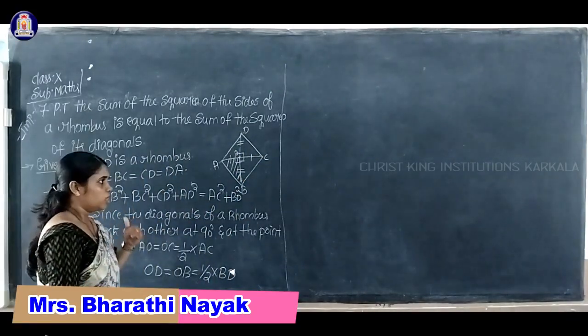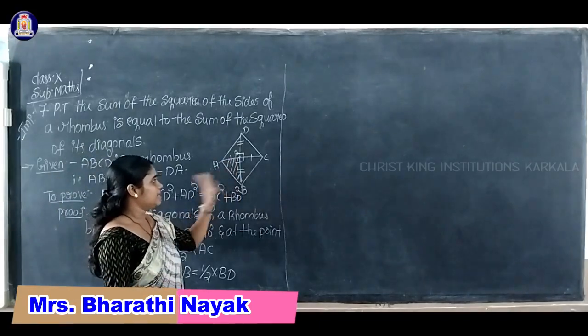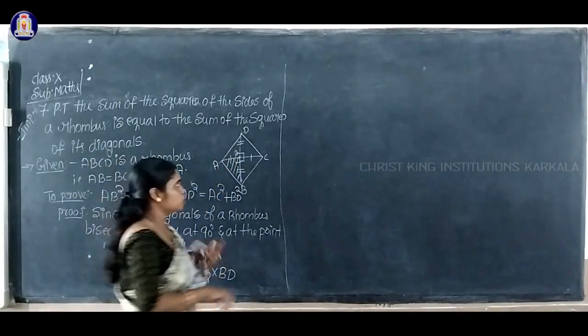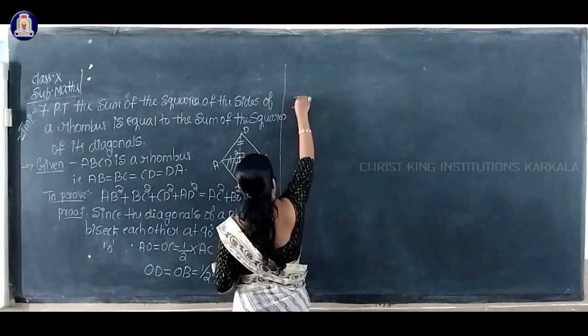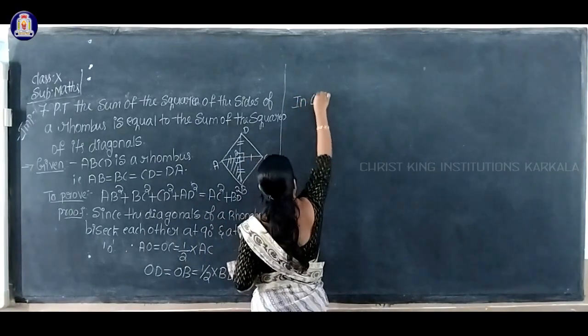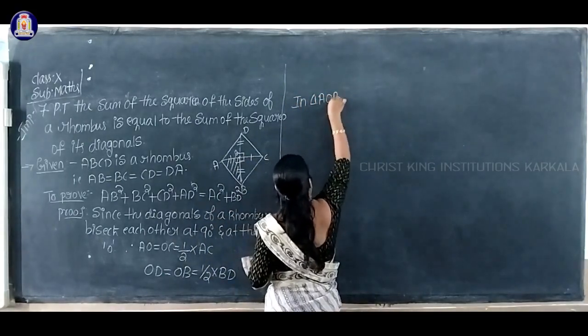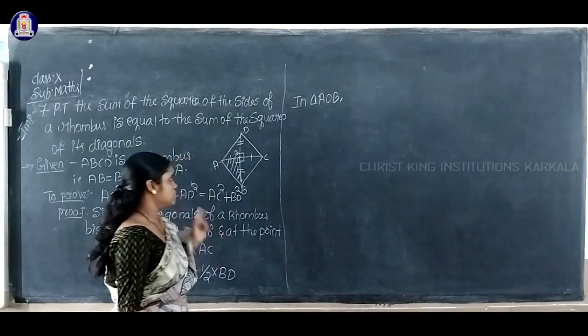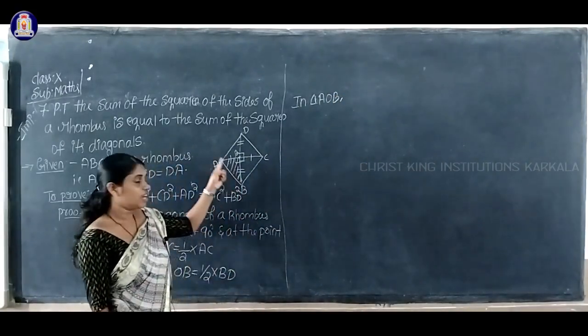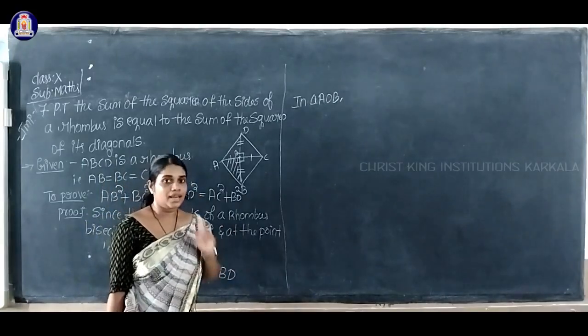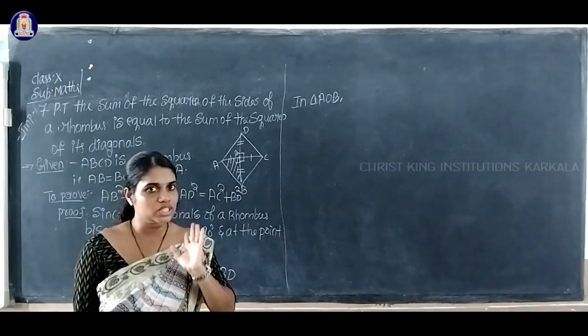So now I'll consider right angled triangle AOB. Since triangle AOB is a right angled triangle, can I apply the Pythagoras theorem to this triangle?